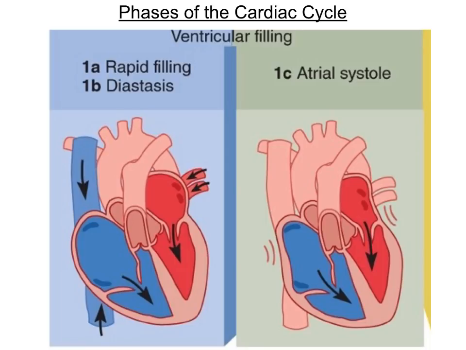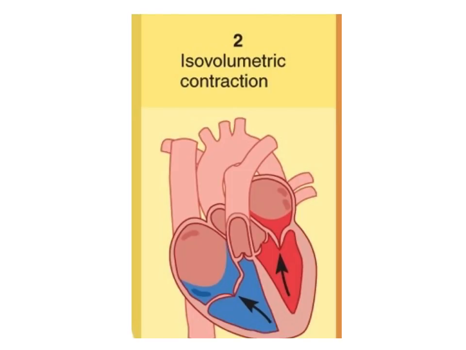Now, from ventricular filling, we're going to transition into isovolumetric contraction. At this point, your atria have repolarized, they are completely relaxed, and they're going to remain in diastole for the rest of the cardiac cycle.